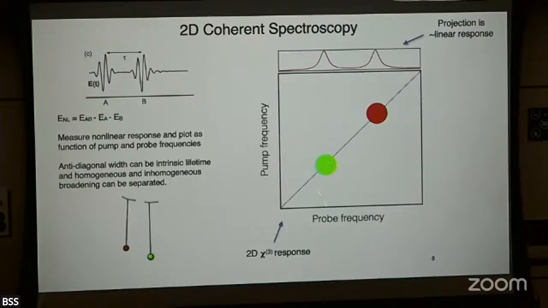And so I can tell that I've already pumped it when I come back and I probe it later. And so I could pump here and probe there and pump here and probe there, and I will get these 2 responses. But if I pump here and probe there, I get nothing, right, along there. Very roughly speaking, the projection on the probe frequency axis here is the linear response. Okay, so that would be the situation with 2 independent oscillators.